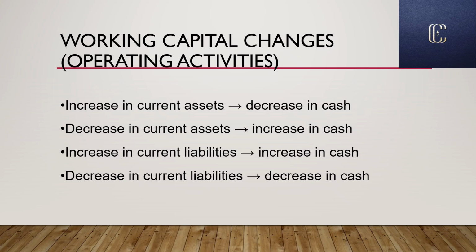For example, debtors increased from 50,000 to 80,000 rupees. This means more goods sold on credit, money not yet received, or cash stuck with customers. So, cash decreases. Hence, we subtract the increase in current assets.